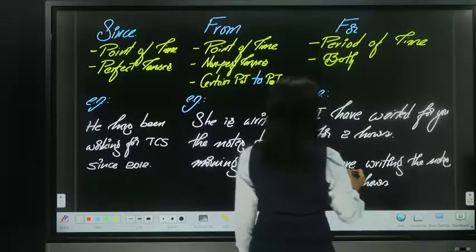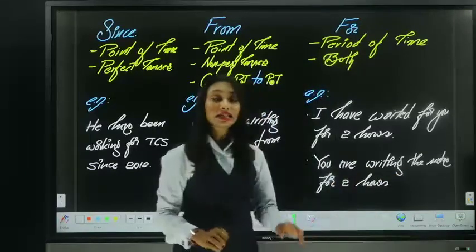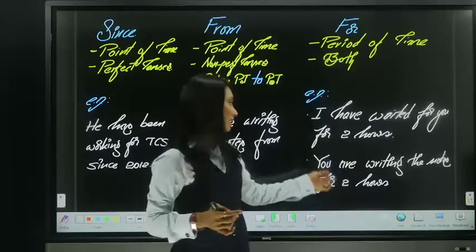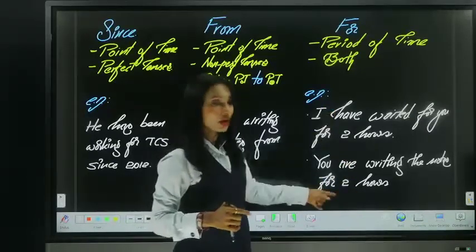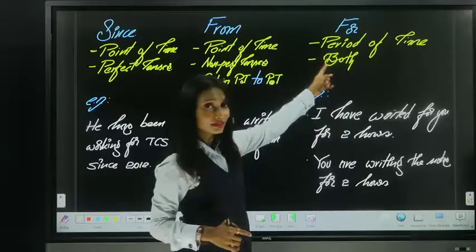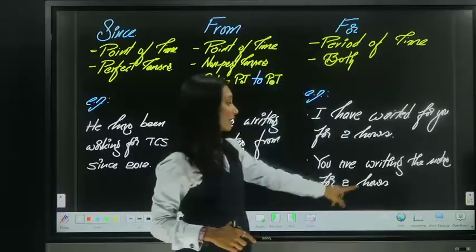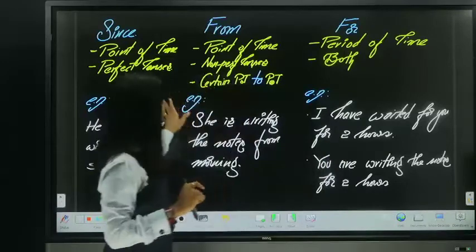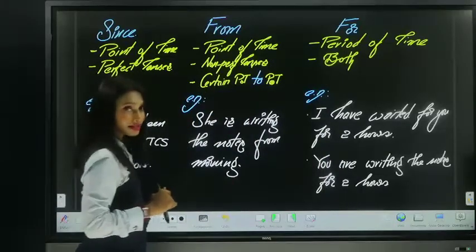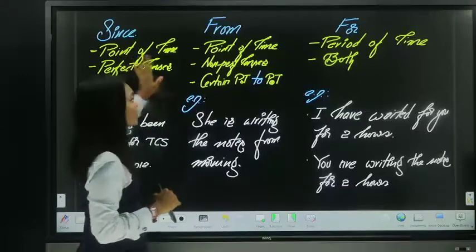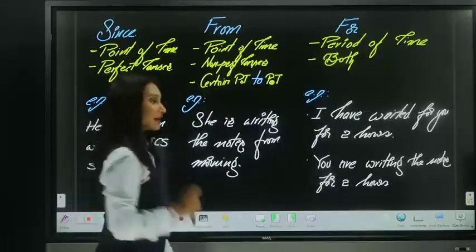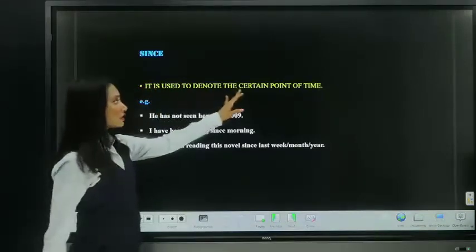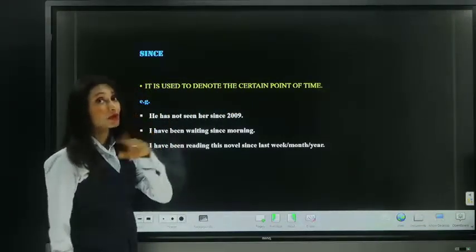See here, you are writing, it is continuous, a non-perfect tense. Perfect or non-perfect, in both cases we use for to indicate period of time, not point of time. So this is the difference among these three: since, from, for. Now let's see some more examples for each. Look at this. Since is used to denote a certain point of time, used only in perfect tenses.